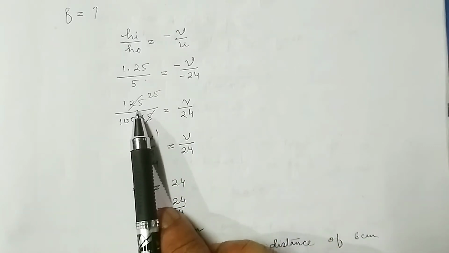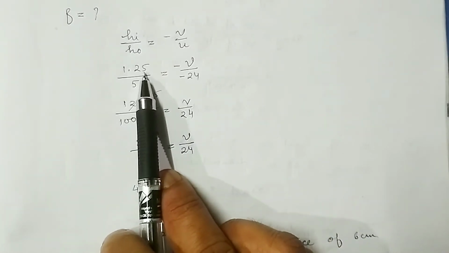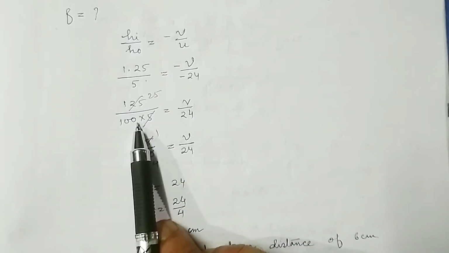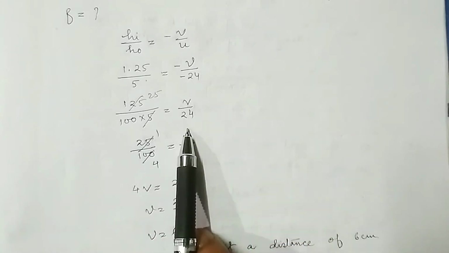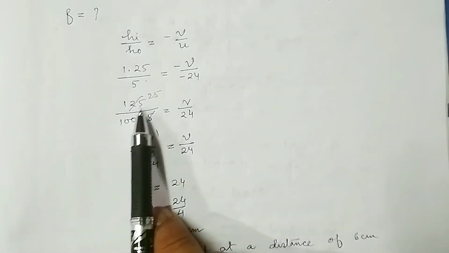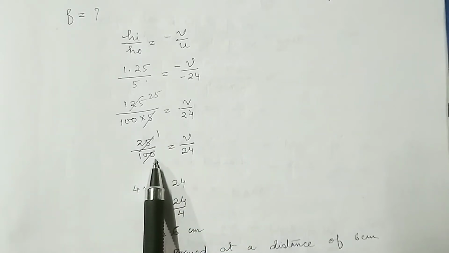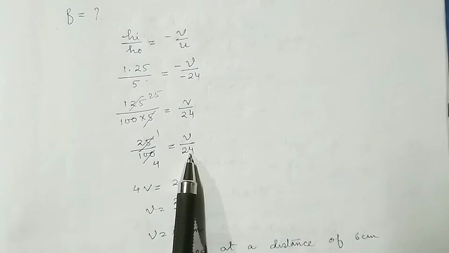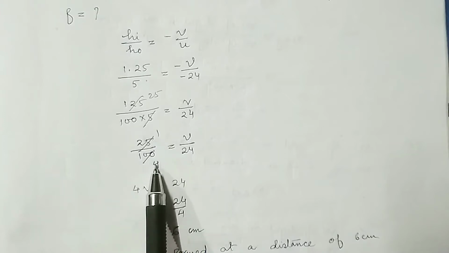Now 1.25 can be written as 125 by 100, because there are two places after the decimal. So 125 by 100 into 5 equals v by 24. Now 5 and 125 can be cancelled. We got 25 by 100 equals v by 24. If we cancel by 25, it will be 1 and 4.